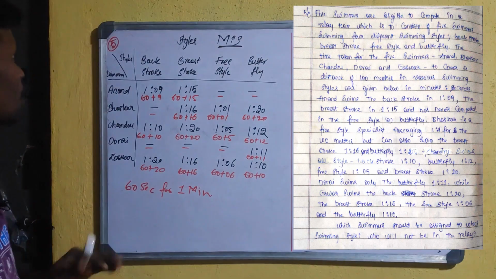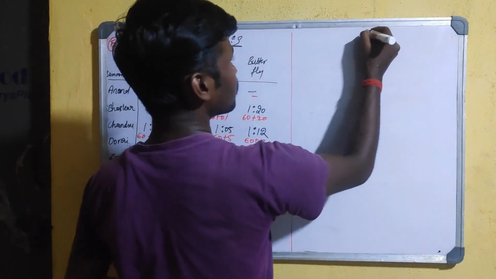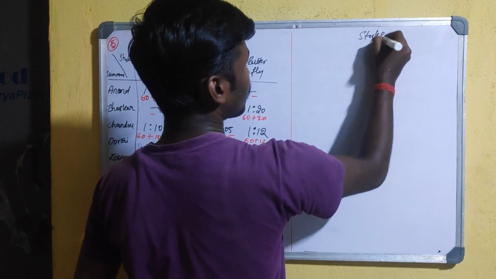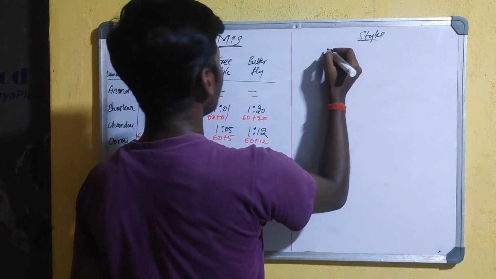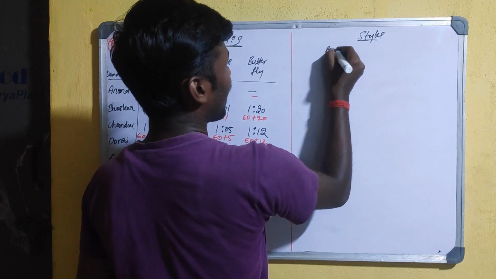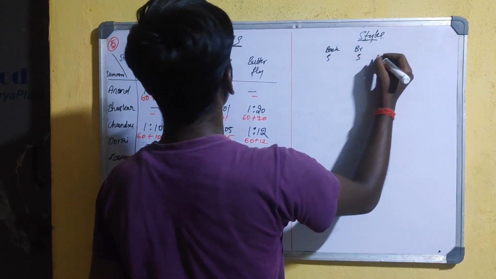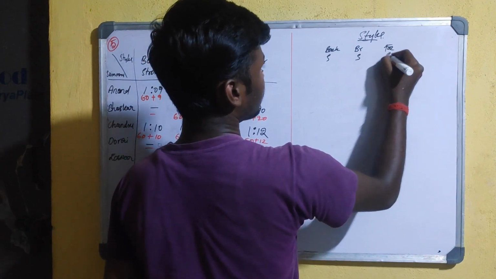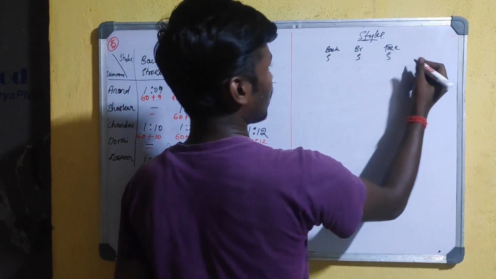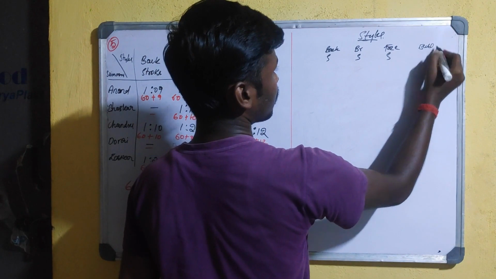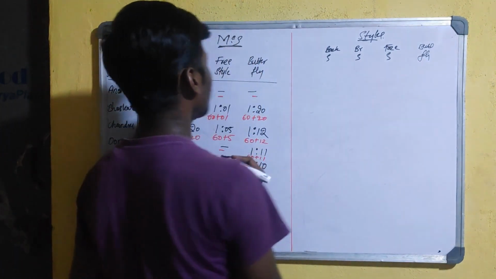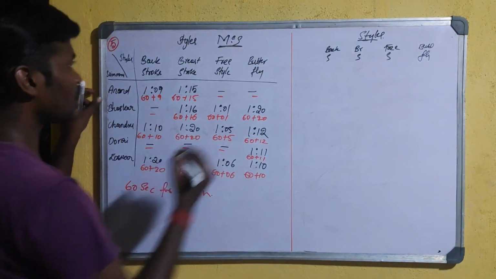Okay, see how many styles are there? 4 styles are there: backstroke, breaststroke, third one freestyle, and last one butterfly. Okay, so how many swimmers are there?